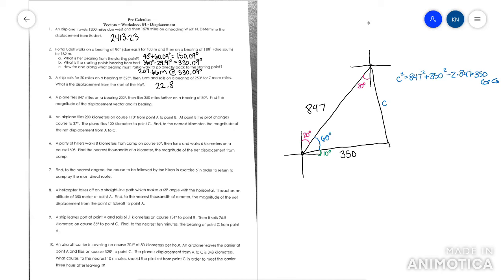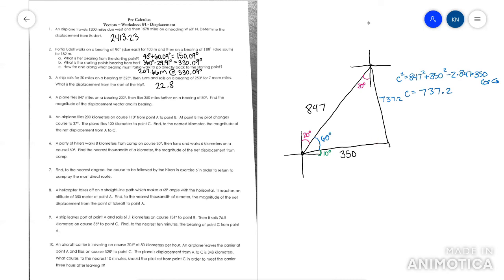So when you solve this, you're going to get this distance, C, as 737.2. So now you have this spot, 737.2. That's half your answer.